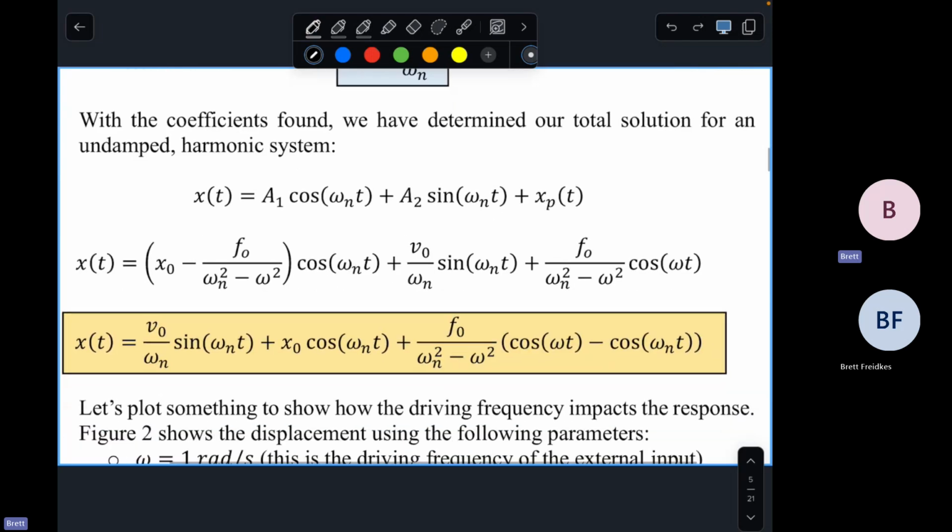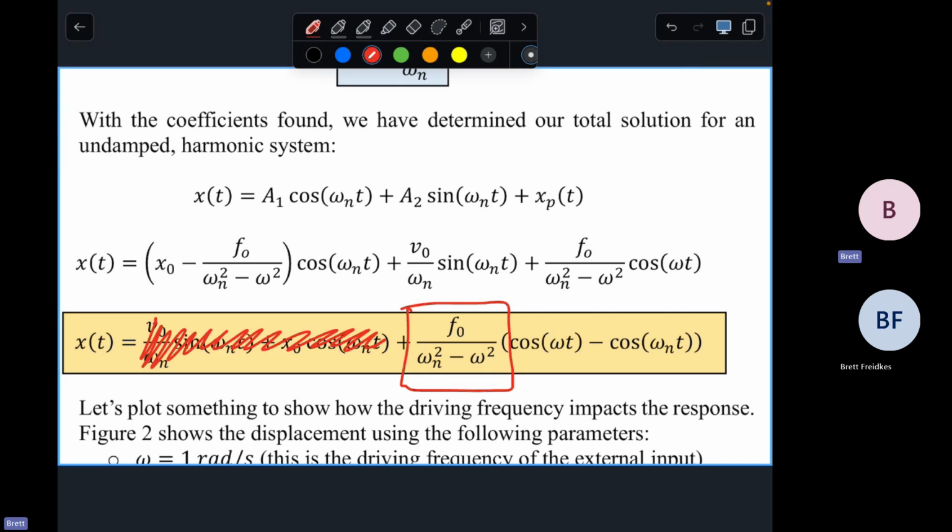But once you go through all that, you end up seeing what these coefficients are. And what we learn is that this term that was originally just multiplied by cosine omega t also is dependent on the natural frequency of the system. It's multiplied by cosine of omega nt, which should make sense. If I have zero initial conditions, meaning that these guys are zero, the system property should obviously have an impact on the response.